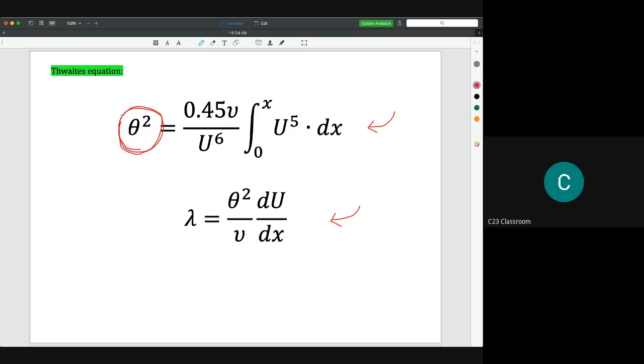After we get this, we substitute into this equation, and we need to develop our own graph, because this is not just a single line equation. So based on our graph, you need to have the ability to draw a graph. You need to make sure that your lambda here is negative 0.09. At that point, you could assume that the separation will occur.